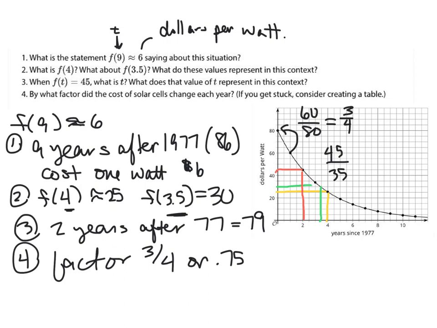Oh, that's backwards too. Again, I'm messing up, but I'm not going to re-record it because we can learn from our mistakes. So we take about 35 over about 45, and it should be close. Yep, 0.778. I didn't read the graph very well, so it's close to 3/4.